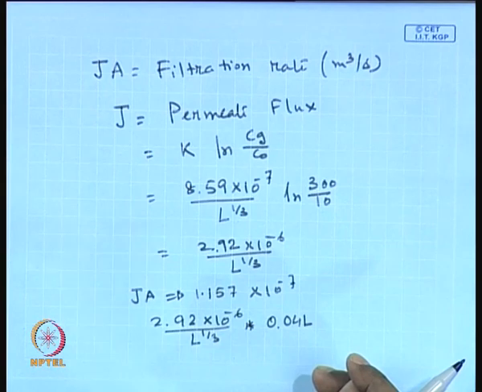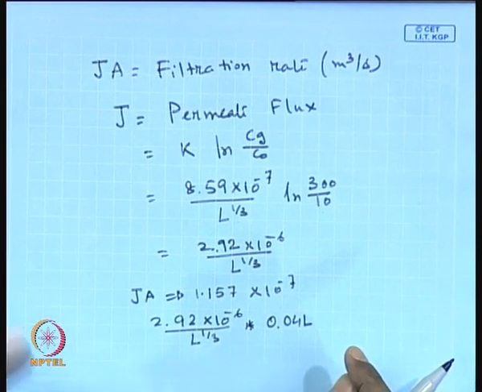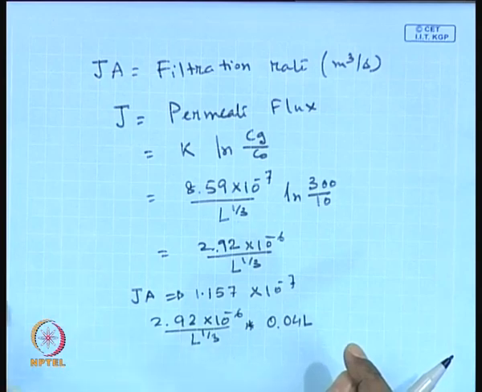For this particular problem I have solved it keeping the membrane only at the bottom of the channel. If it is put on the top of the channel as well, it will be twice the area. That will be specified in the problem.